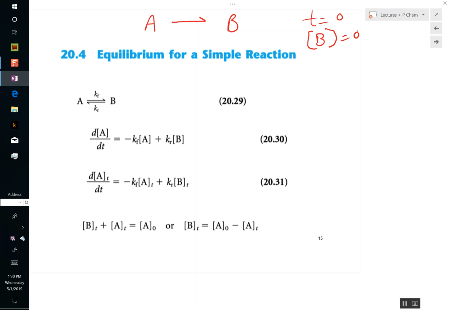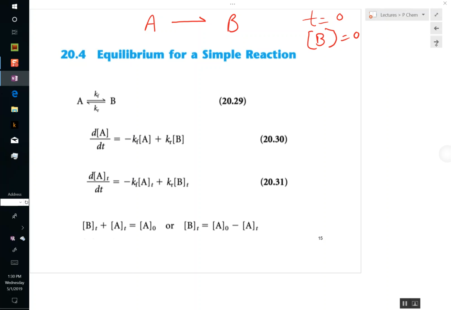All right, the initial concentration of A is A naught, and we have B at some time and A at some time. B at some time is A naught minus whatever A is at that time. There is a relationship between these.